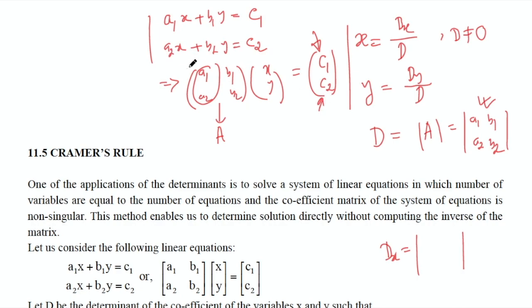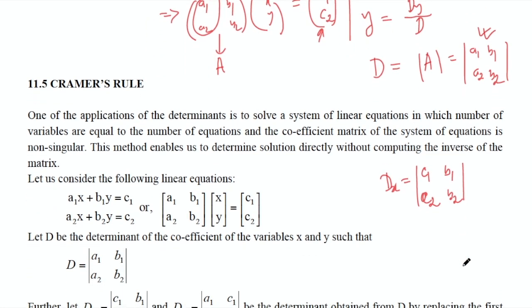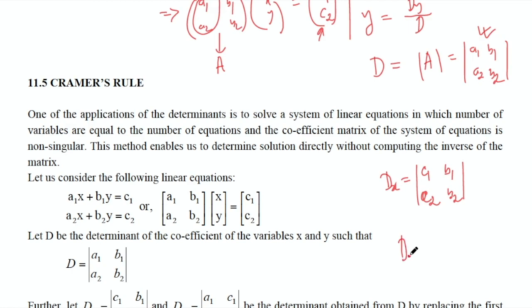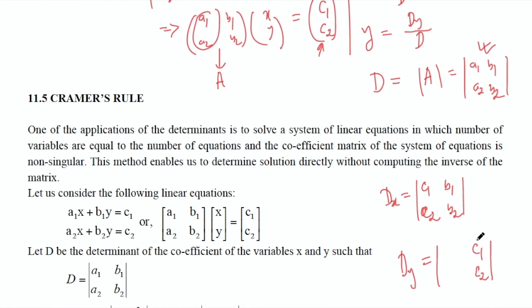It means A1 will be replaced by C1 and A2 will be replaced by C2, and the second column will remain the same, B1 B2. And in the case of dy, the y coefficients will be replaced by C1 C2, but the first column will be the same. The first column was A1 A2.